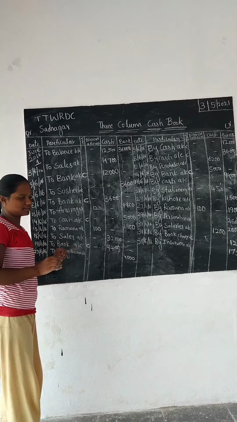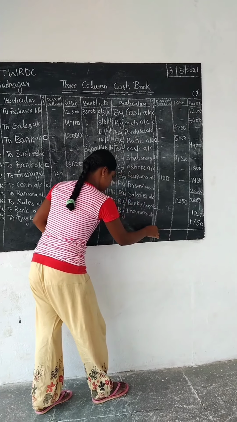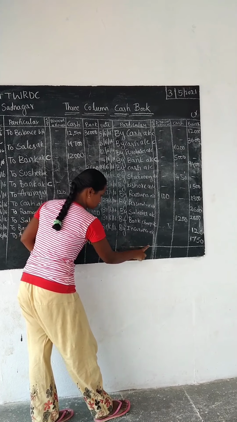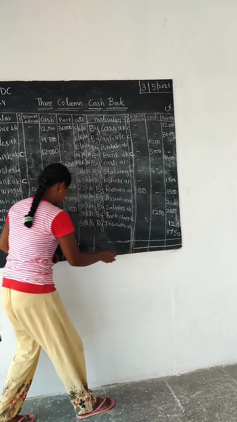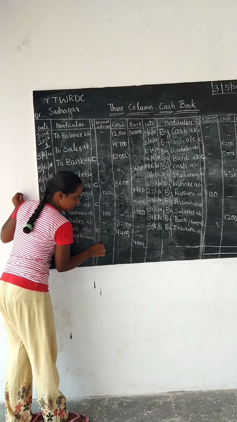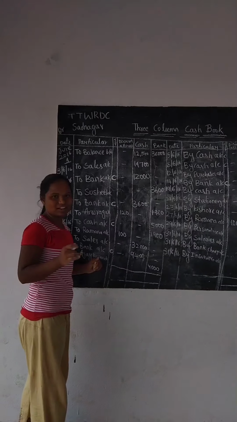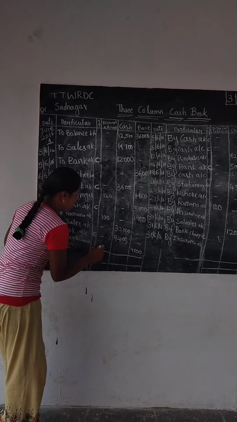Now we do the balance. We do the balance figure. Now we calculate the balance of the columns.